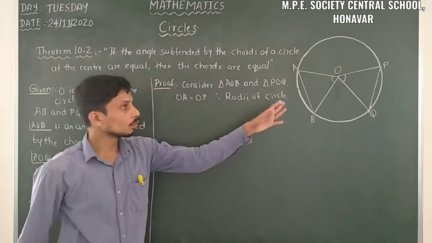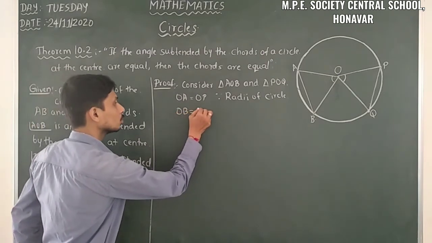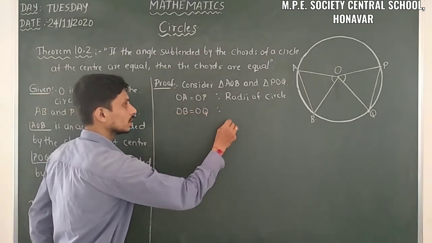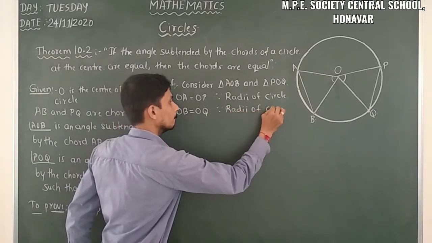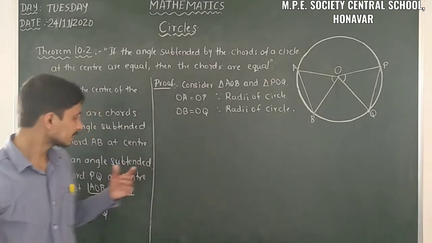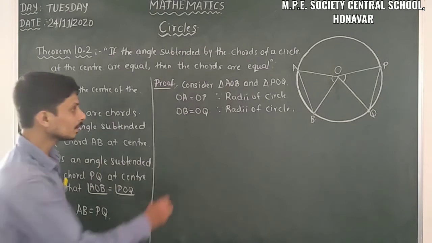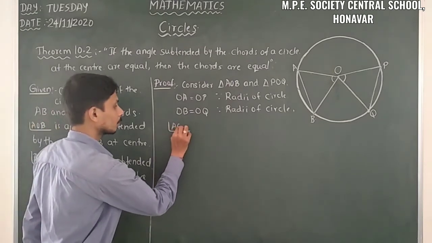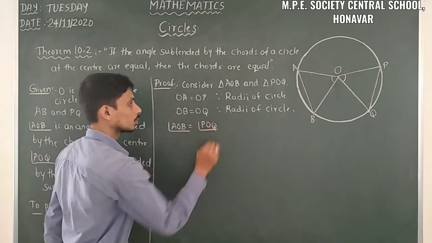Then OB is equal to OQ, those two are also radii of the circle. Then another equality we have is given: angle AOB is equal to angle POQ.